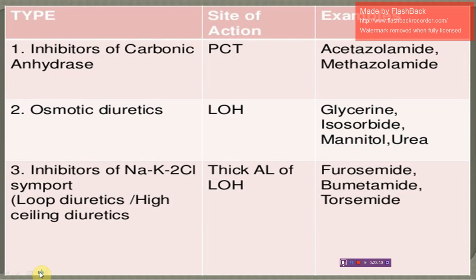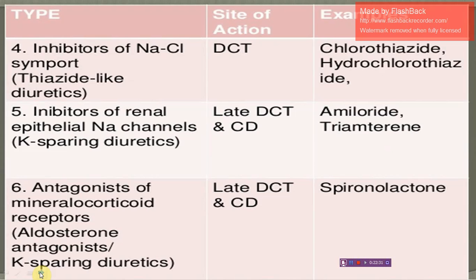Inhibitors of sodium potassium 2Cl symport: these are loop diuretics, high ceiling diuretics, acting on the thick ascending limb of loop of Henle. Examples are furosemide, bumetanide, torsemide. Inhibitors of sodium chloride symport: thiazide-like diuretics, site of action is the distal convoluted tubule. Examples are chlorothiazide, hydrochlorothiazide.